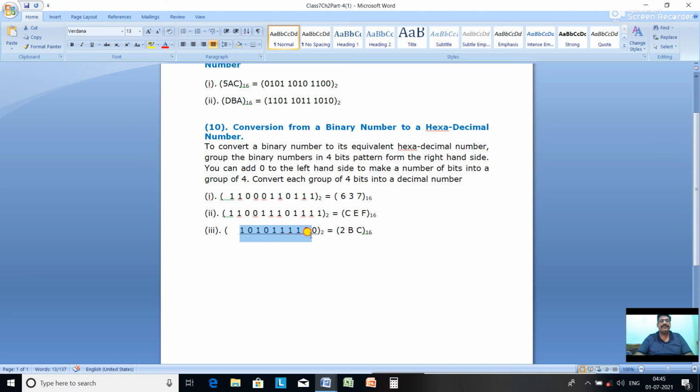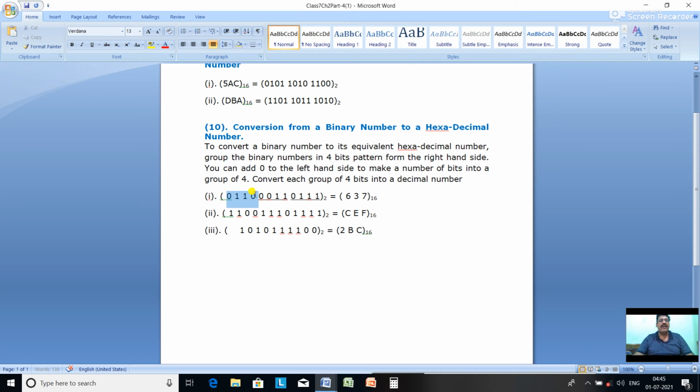This also. Now see, make 4 bit from the right side. 1 2 3 4. Okay, this is the first group. Like octal to binary to octal, we make 3 bits, but binary to hexa 4 bits. So see, at last only 3 digits are there. To make it 4, put a 0. Now it is 4 bit.